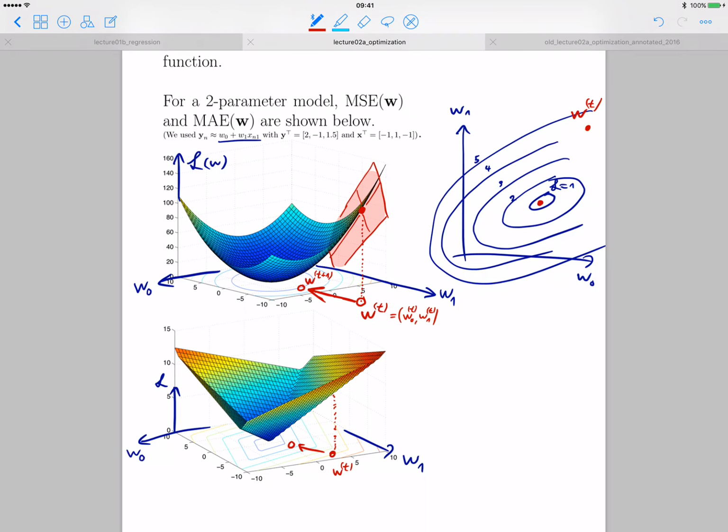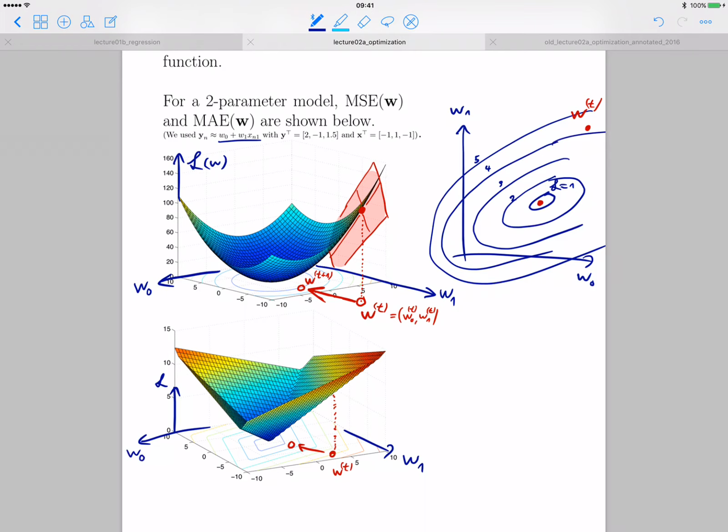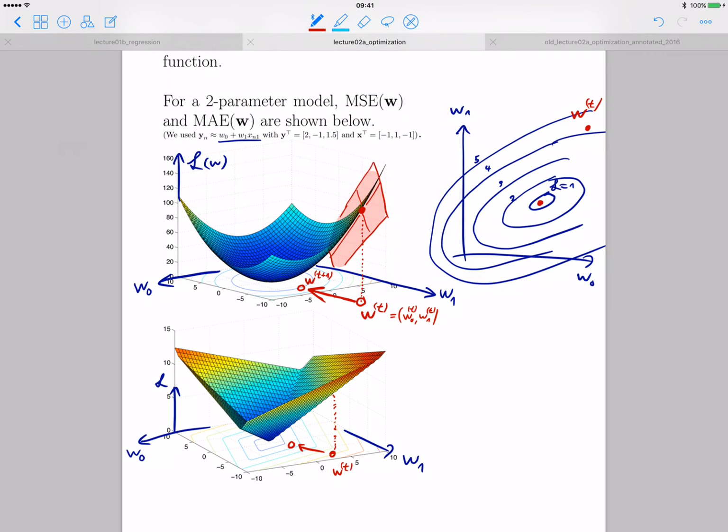So now, what does a gradient step do? It's a step which is actually orthogonal to this line of same height, of same function value. So the gradient is going to point kind of orthogonal to where it's flat, right? It's pointing into the direction where it's going down the most rapidly.